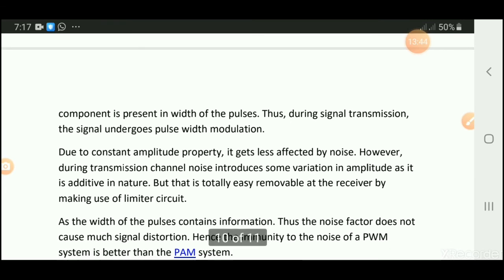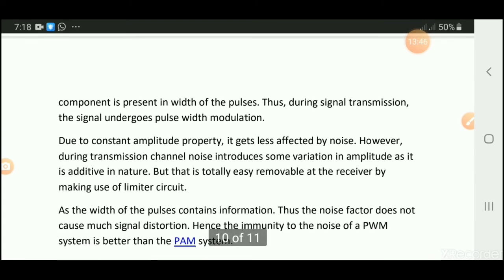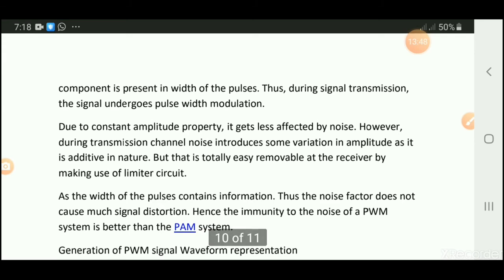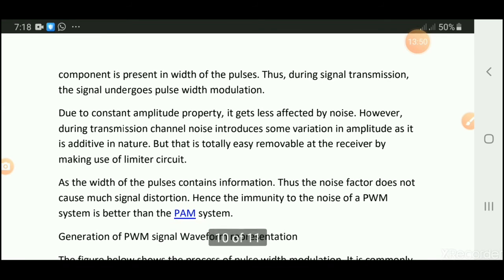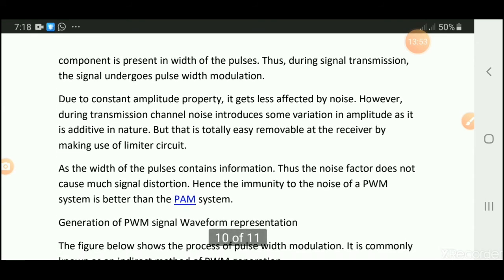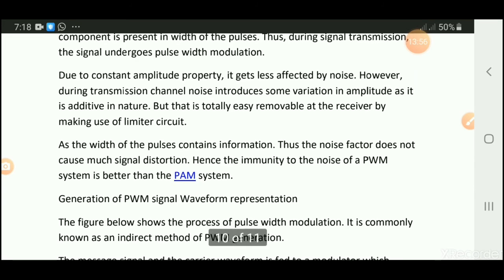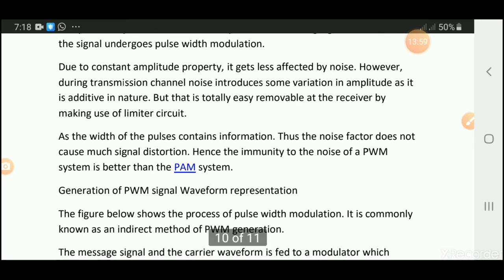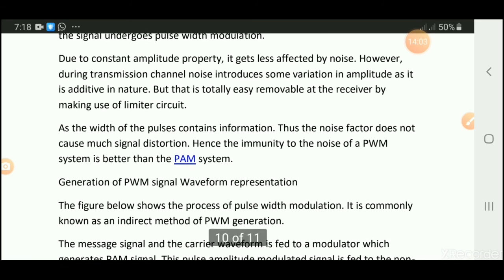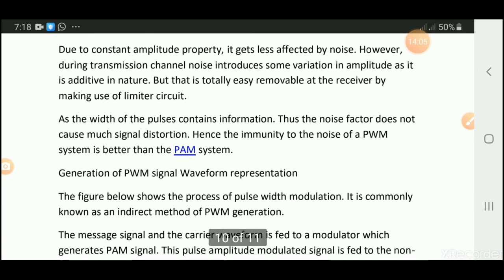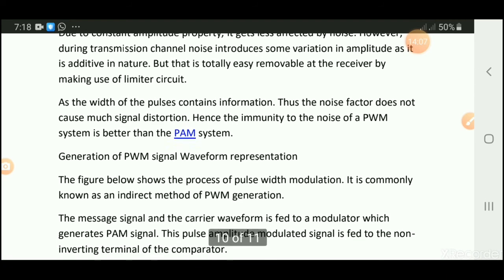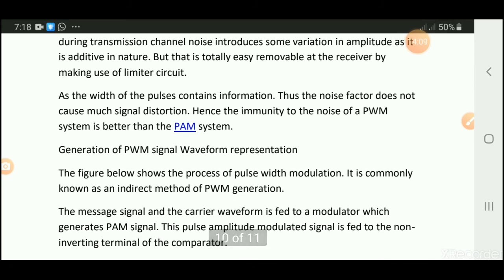Thus, during signal transmission, the signal undergoes pulse width modulation. Due to the constant amplitude property, it gets less affected by noise. However, in the transmission channel, noise introduces some variation in amplitude due to its additive nature, but that is easily removable at the receiver by making use of a limiter circuit.